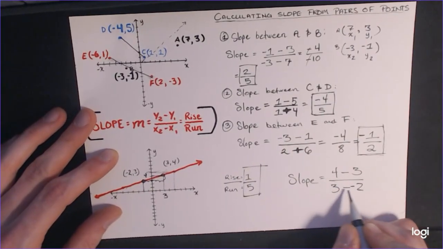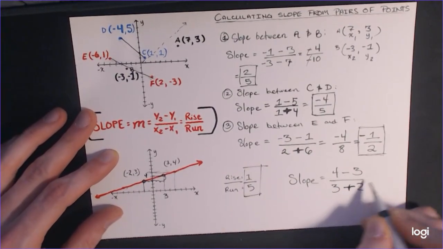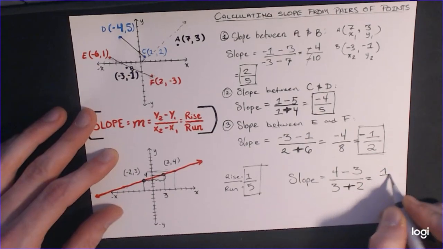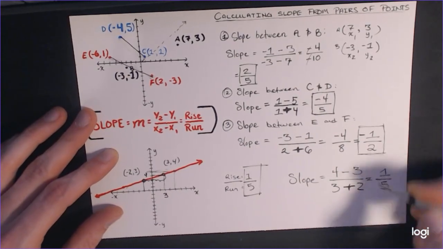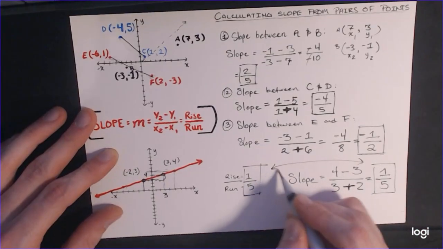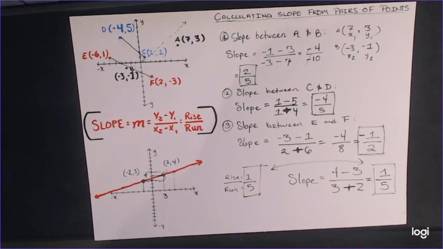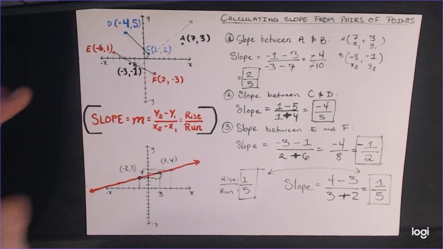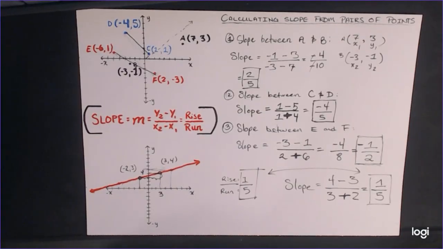And there's that minus a minus, so we connect them, turn it into a plus. 4 minus 3 is 1. 3 plus 2 is 5. So you can see that both of these methods are in agreement with each other, and they should work in most all situations that I can think of.